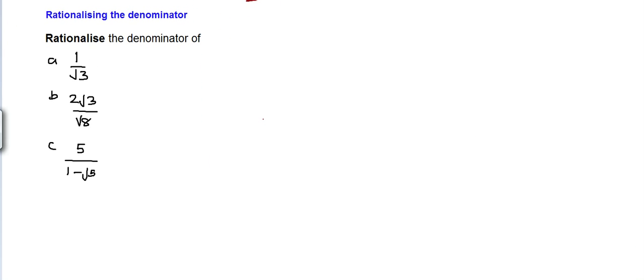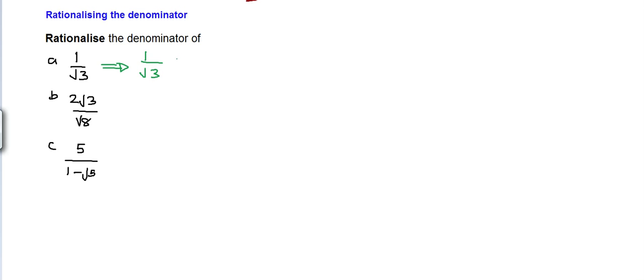Rationalizing the denominator. Usually, in most exam questions, you will get something that looks like this. So how do we rationalize the denominator of 1 over root 3? Well, we rewrite the question 1 over root 3. To rationalize the denominator means we need to rationalize this root 3. That is, we have a rational number here instead of an irrational number.